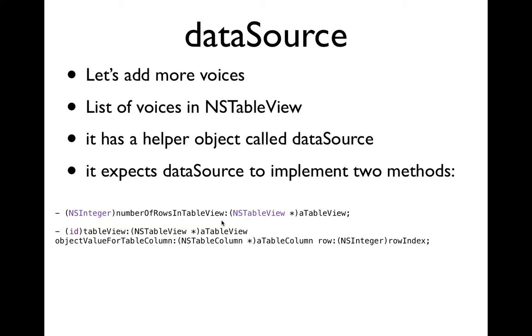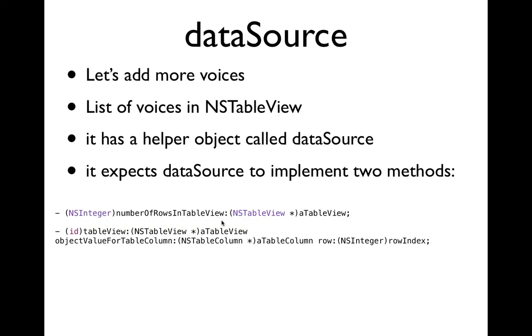Now, the second method the data source needs to have returns an element for each cell in the table view. The table view is a table, it has columns and rows. So this generic method asks for some view by a row and by a column, and you have to return something different for every cell.